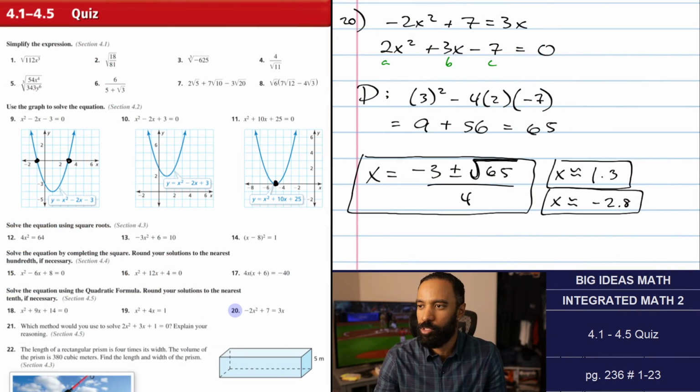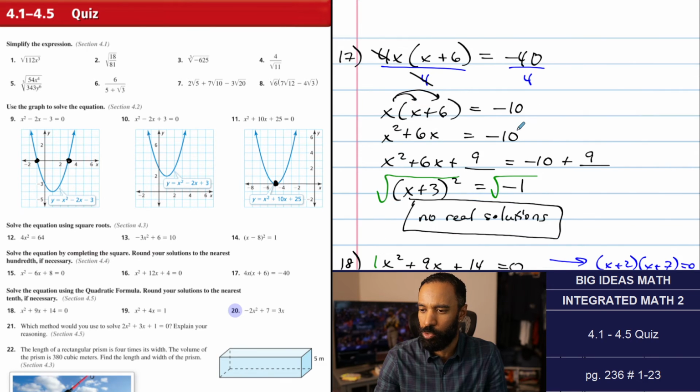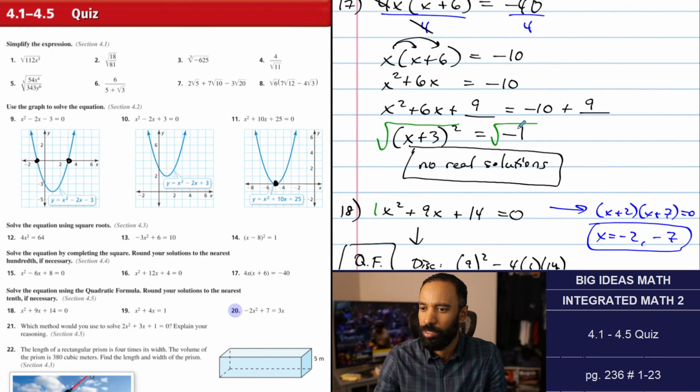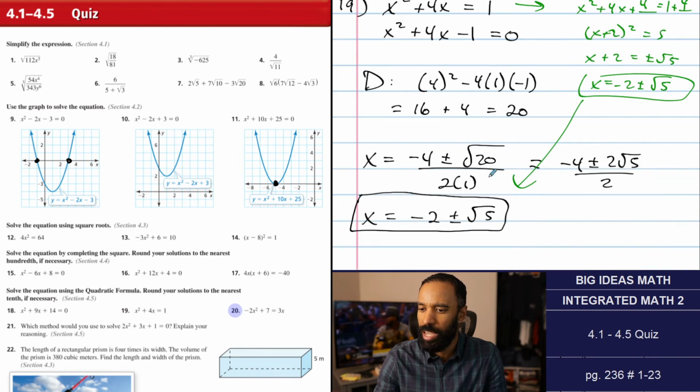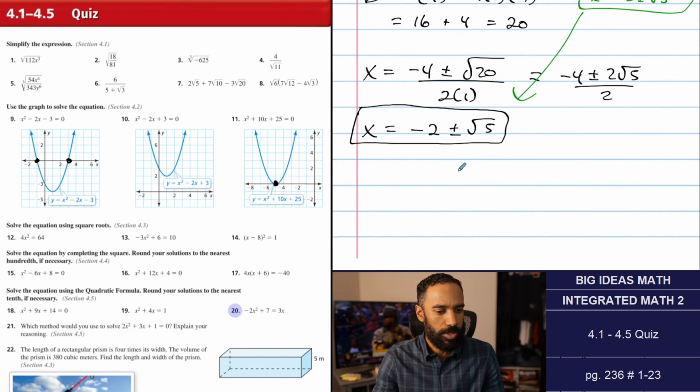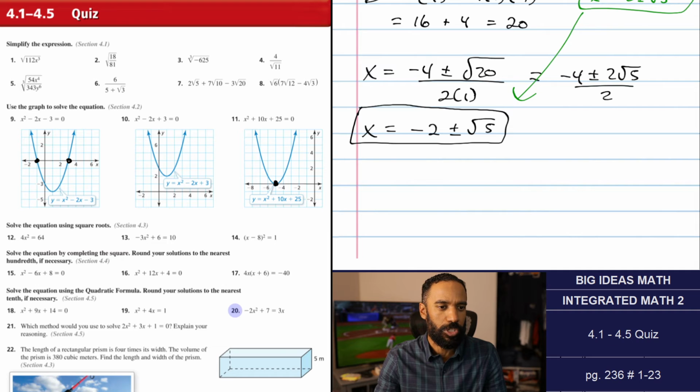Let's see which other problems, because we did have that negative 2 plus or minus root 5. Okay, that was no real solution. I think it was just this one. So this was still in the quadratic formula set. Let me just do this really quickly. Negative 2 plus root 5 is to one decimal place, 0.2.